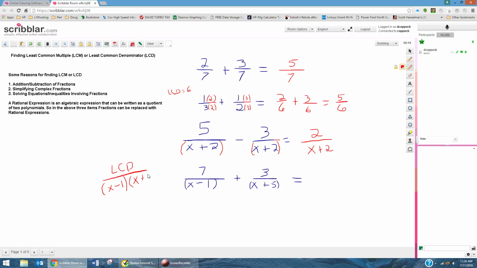This is an expression that both of these denominators will divide into evenly. So I need to multiply top and bottom of the first fraction by whatever expression is required to have me end up with this in the denominator. Well, this is missing an x plus 5.